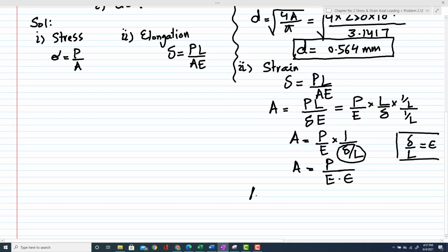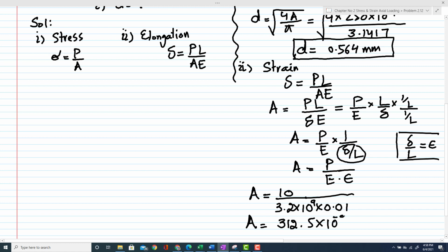Now I have the value of P that is equal to 10, the value of E that is 3.2 times 10 raised to the power 9, and strain 0.01. Again, if you calculate the area, you will get 312.5 times 10 raised to the power minus 9 square meter. So now area is equal to pi by 4 D square.